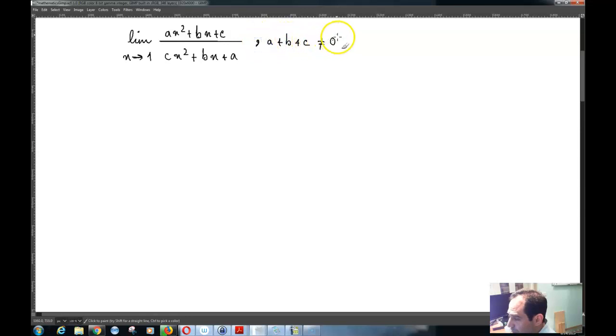If a plus b plus c is not equal to 0, then that means that you just simply evaluate the numerator and denominator at x equal to 1.